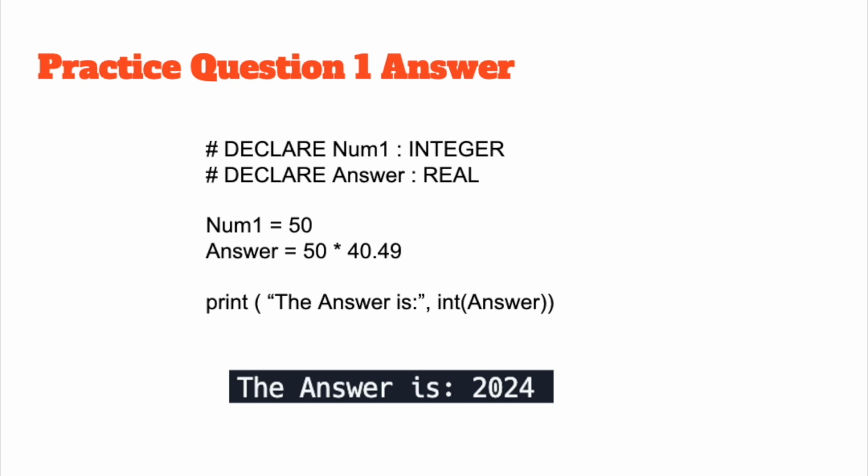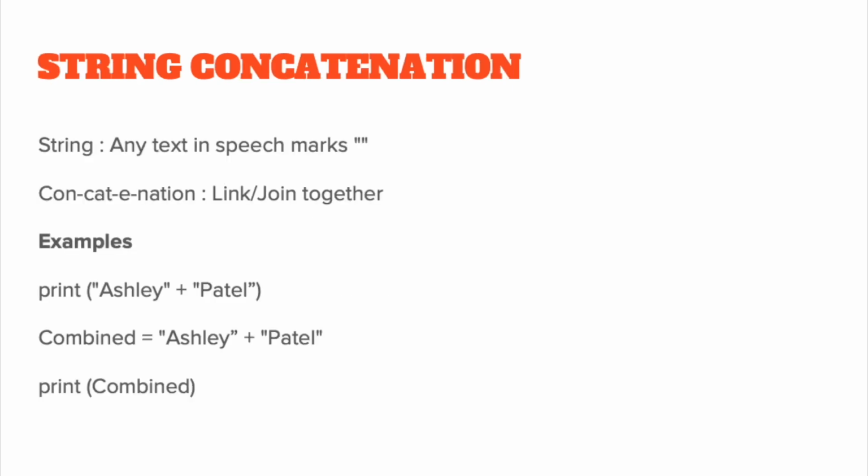You're then going to use the print statement, and you're going to use a string which says the answer is, or whatever sensible message you've written there, comma, integer of answer, because we just want the integer part, we don't want the decimal part of that particular answer. And you should have something like, the answer is 2024, which is probably the year you will give your exam for this particular syllabus. Let's continue with string concatenation.